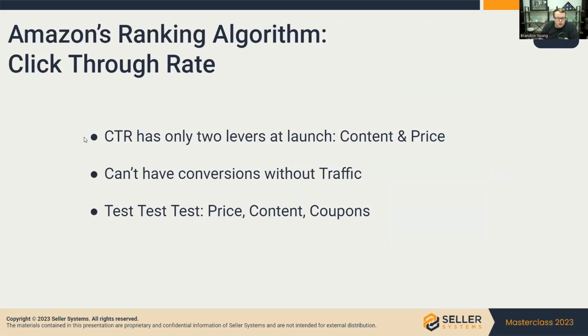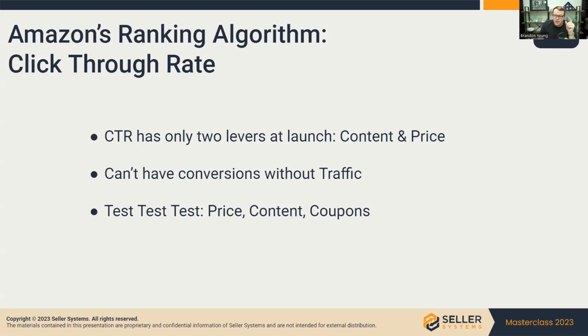Now, the click-through rate. When you first launch your product, you have to think that you're showing up on this search result. Usually, someone's typing a keyword and you're going to be in an ad position. You don't have any organic ranks yet, and you don't have any reviews yet.